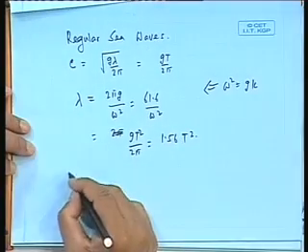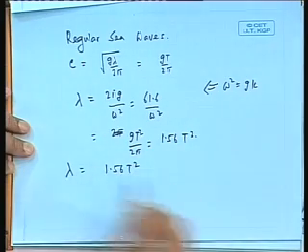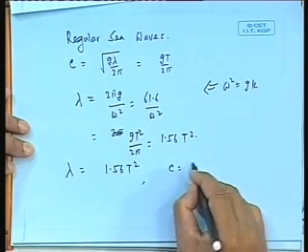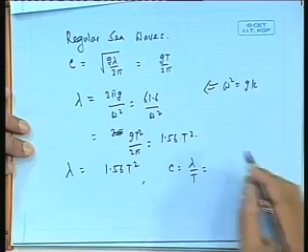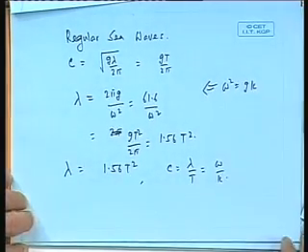So, that means lambda becomes 1.56 T square, and c equal to lambda by T equal to omega by k, etc. Why I am writing this is that let us try to find out some relation between speed, length, etc.